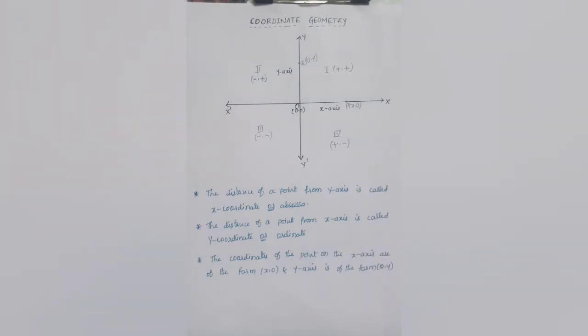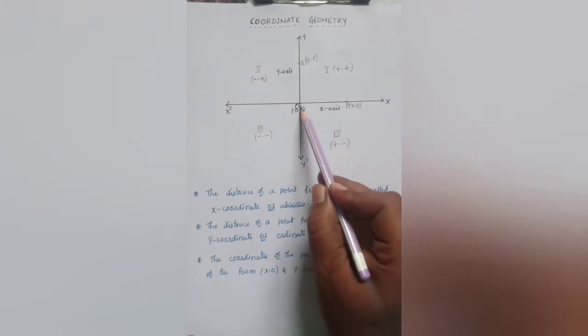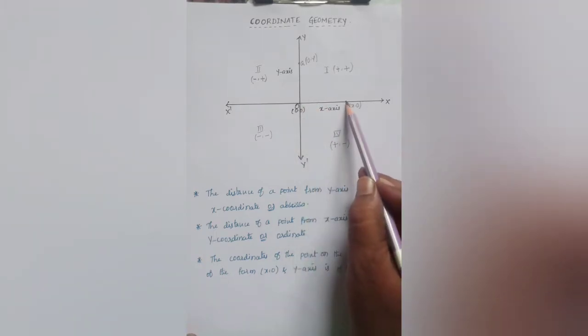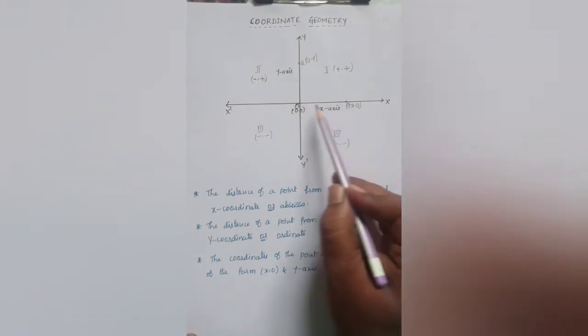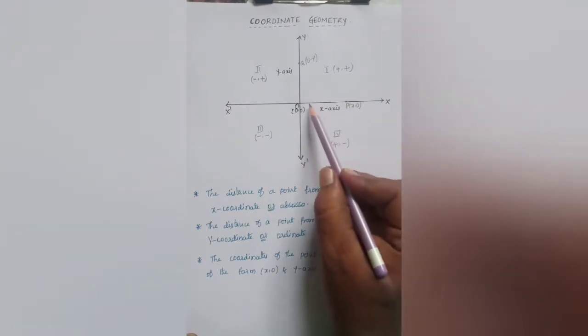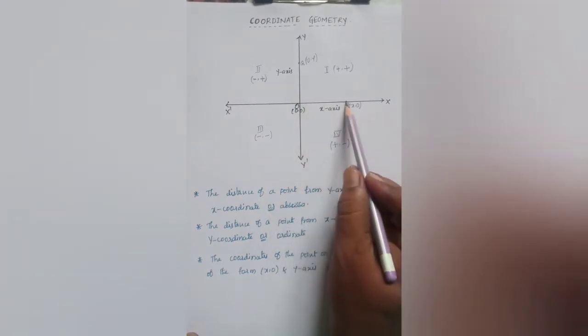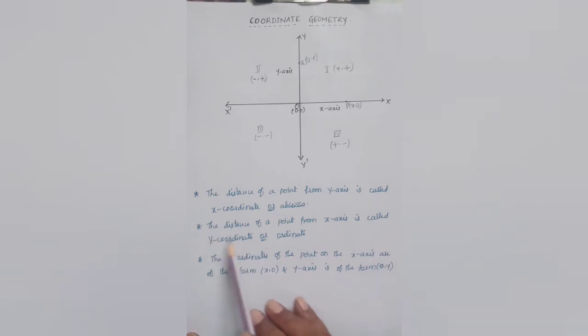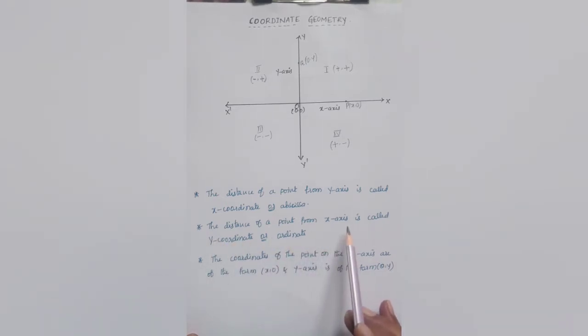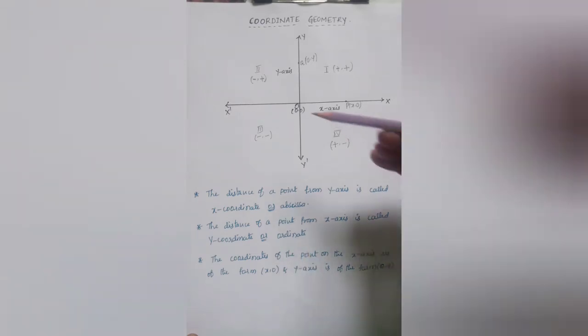The distance of a point from the y-axis is called the x coordinate or abscissa. From the origin to P, this is the x coordinate, or we can say this is the abscissa. Next, the distance of a point from the x-axis is called the y coordinate or ordinate.